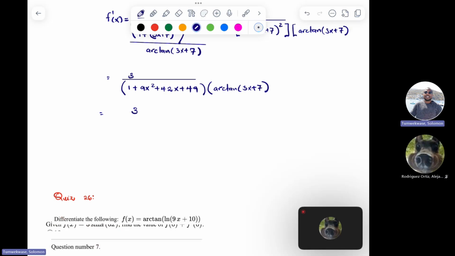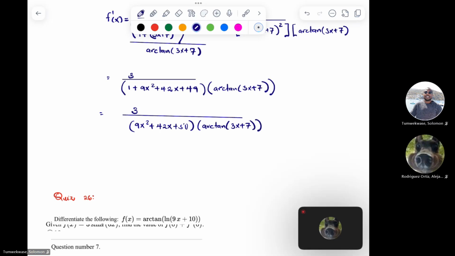So this is 3 over 9x squared plus 42x plus 50, then times arctangent of 3x plus 7.